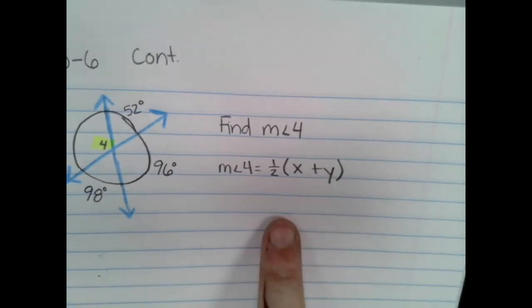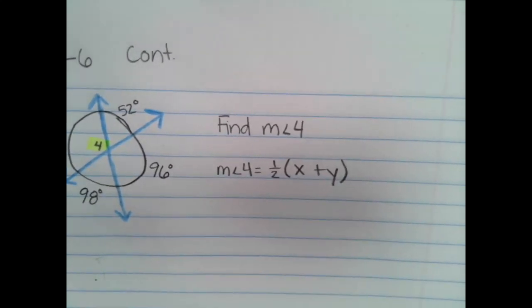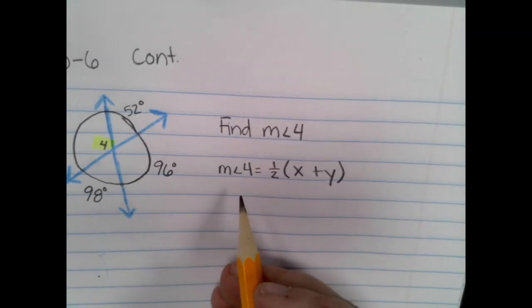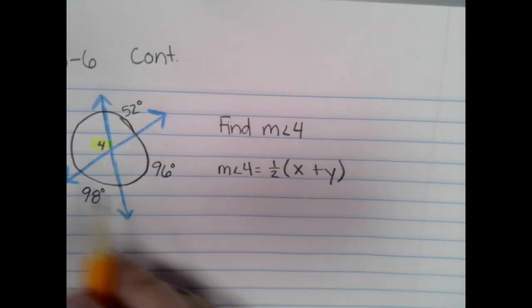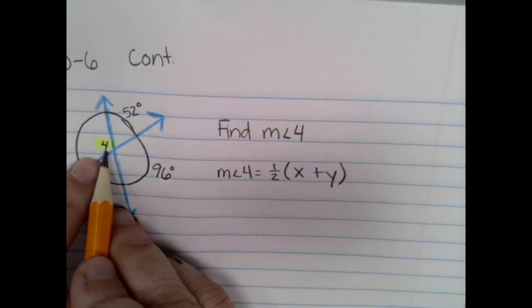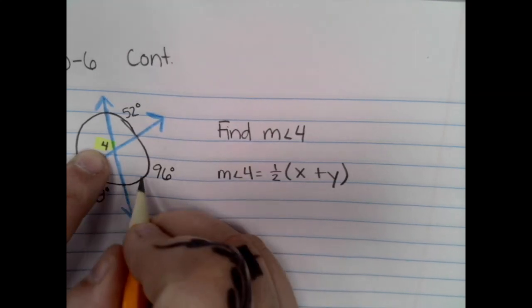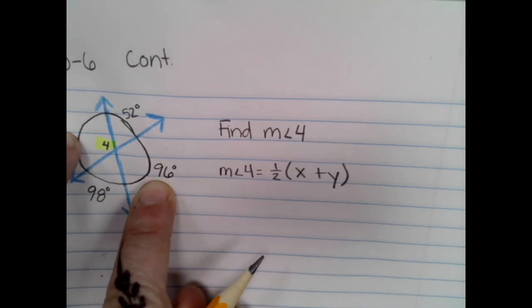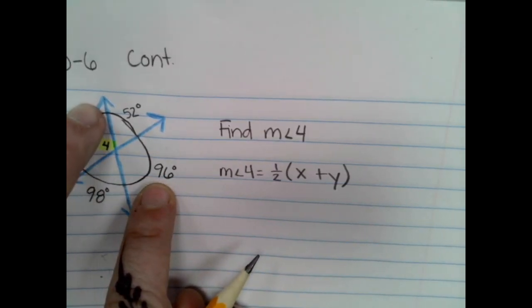So I need to decide which arcs we are going to use for x and y. As I look at angle 4, I want to look across. So what would be across from angle 4? What arc? The 96 would be one of them. And what's the other one? It's going to be this one that we don't know.